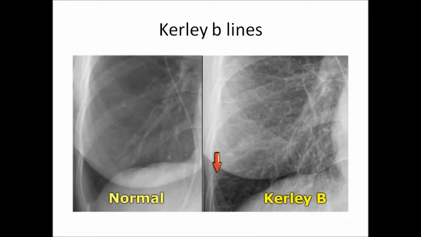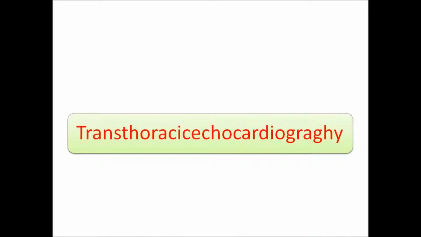Okay. Now, what's next? After heart failure has been put on the differential diagnosis list, after you did your BNP, ECG, chest X-ray, you are suspecting heart failure. How to confirm your suspicion? You actually do an echocardiography.